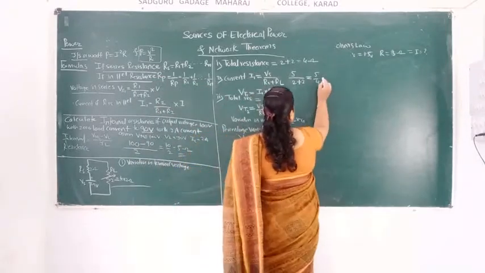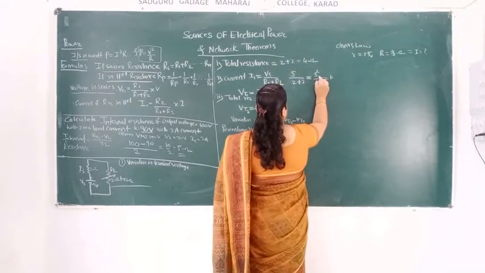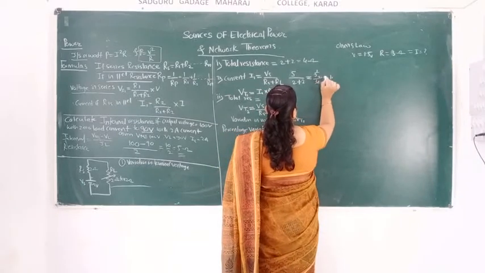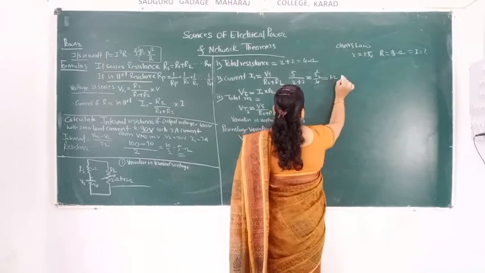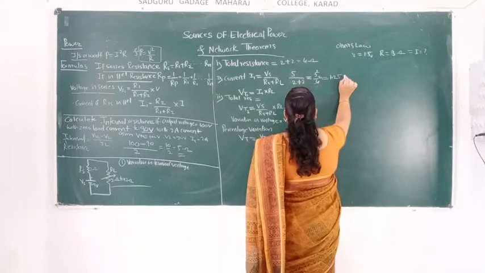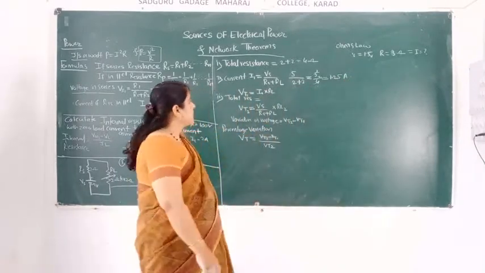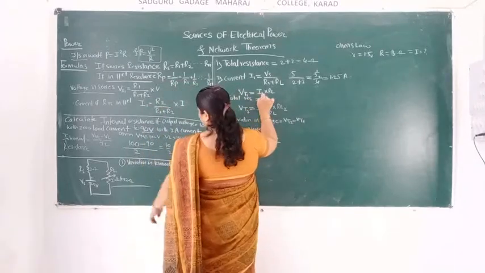You can also find it in fraction. 4 ones are 4, 1 is remaining, then 4 2s are 8, 2 remains, 4 5s are 20. That is the current in ampere, 1.25 ampere.